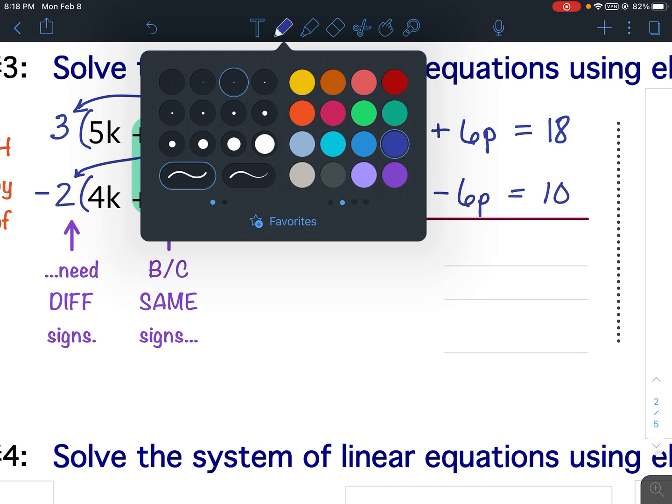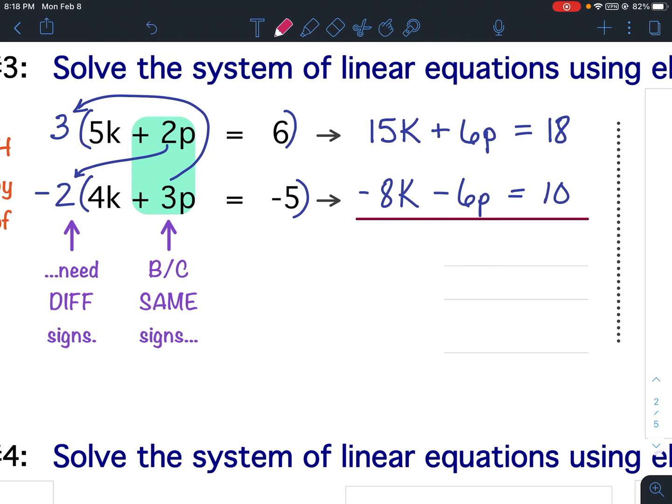Now I'm ready to eliminate a variable. I have positive 6p and negative 6p, so they are going to cancel out and eliminate the p term. So 15k minus 8k is 7k.